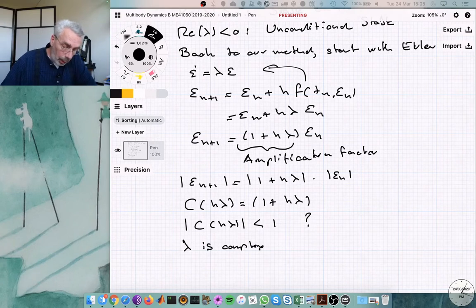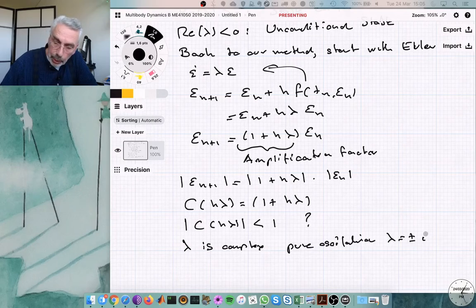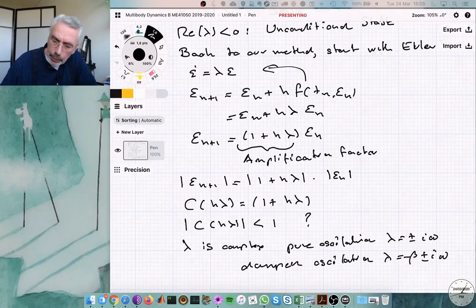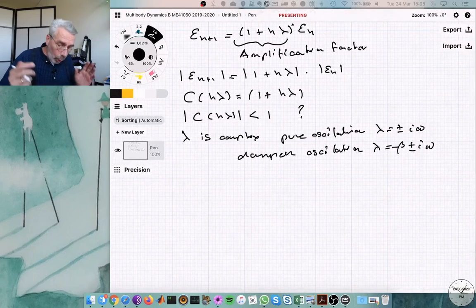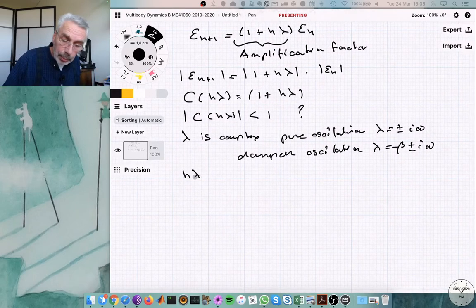If you have a pure oscillation, then the eigenvalues are plus or minus i omega, remember. And if you have damping, or negative damping and unstable oscillation, you get lambda equals minus beta plus or minus i omega, where beta is then the damping. So that is the reason why we have these complex eigenvalues. Or in general terms, we could say this h times lambda apparently has the form a plus bi, right?